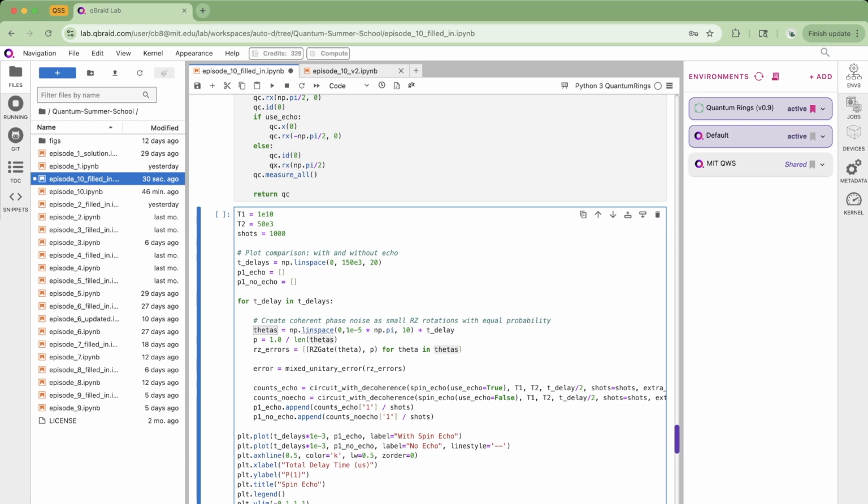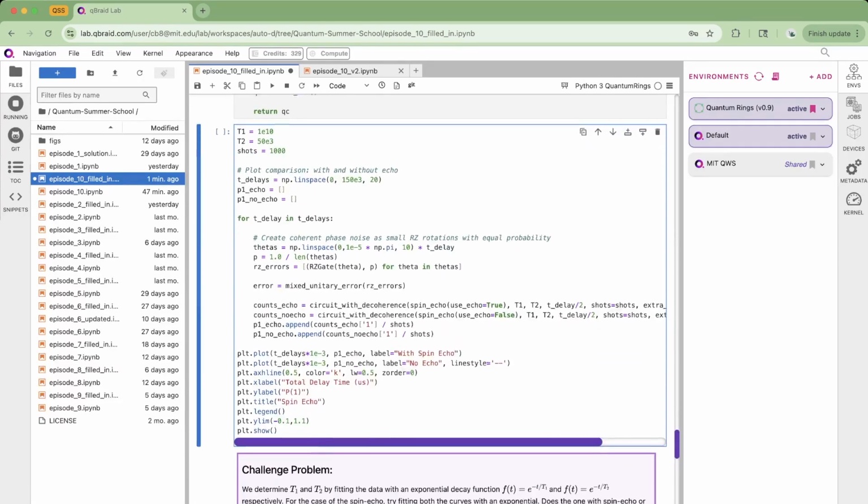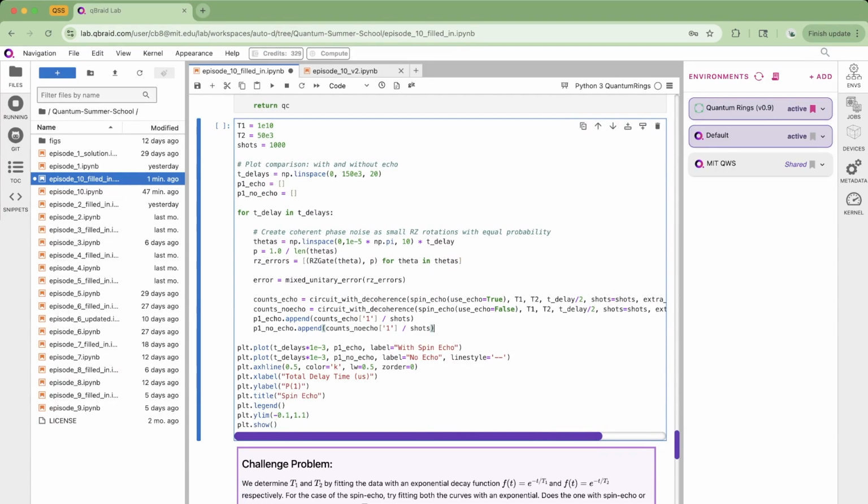We have some angles between 0 and 10 to the minus 5 times pi rotation per nanosecond. And then essentially what's happening is there's some coherent rotation in one direction, and then when we apply the pi pulse, it will rotate back in the other direction and then have an echo. So we can compare the two methods: one where we're using the echo and one where we're not using it.